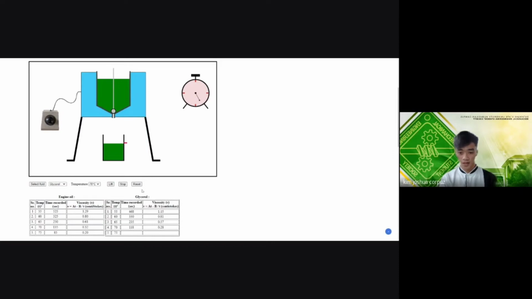For the fourth trial, we got a time recorded value of 118 seconds and a viscosity of 0.28 centistokes. Lastly, for the fifth trial, we got a time recorded value of 81 seconds and a viscosity of 0.18 centistokes. And that's all for the procedure.